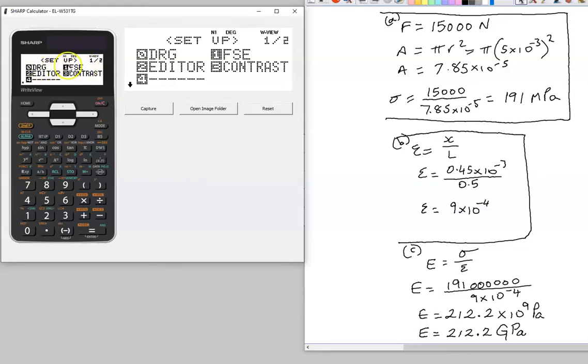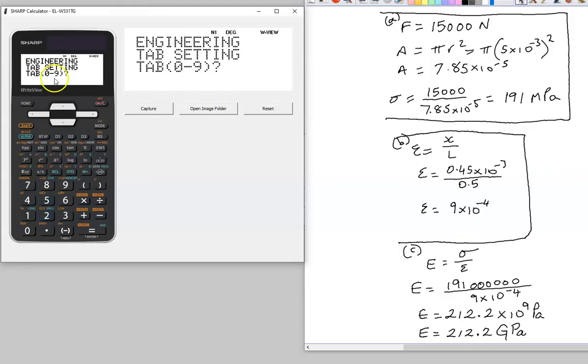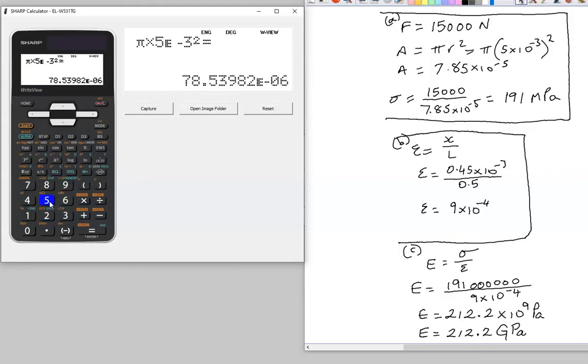This is the one we're interested in: fixed, scientific, engineering. It's telling us to press 1, and 2 is engineering, so press 2, and this is just the decimal places, so something like 5. So here you can see we've got 78.5 times 10 to the minus 6, which is the same as 7.85 times 10 to the minus 5.